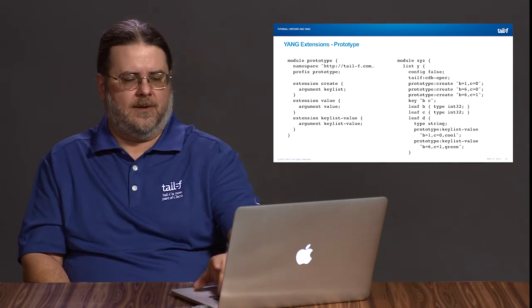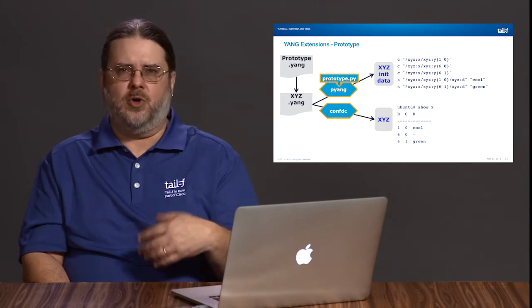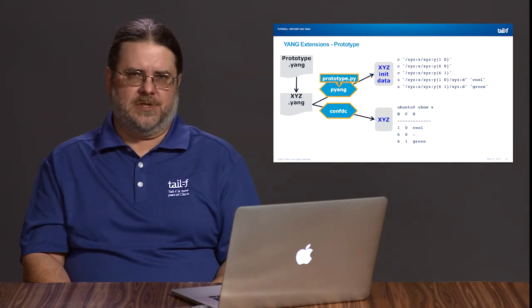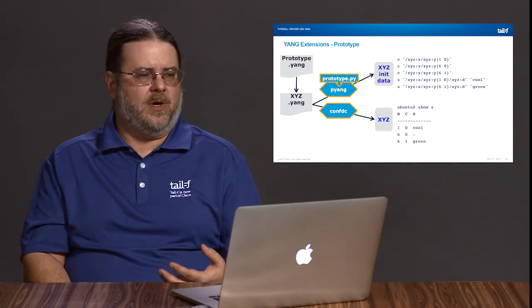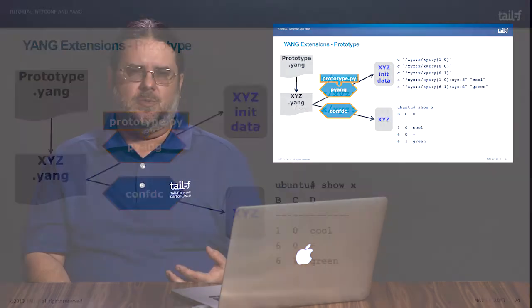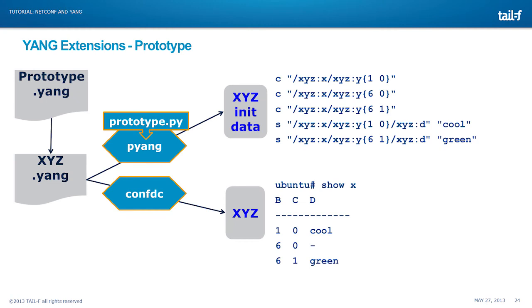It won't break anything. For you to process those extension statements, because you've defined them because you have some use for them, that is where the Pyang tool comes into play. Here on this slide, we see a logical flow. We've got the prototype.yang file, we've got our xyz.yang file.